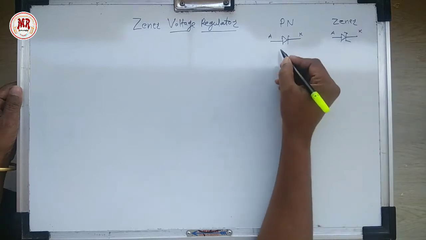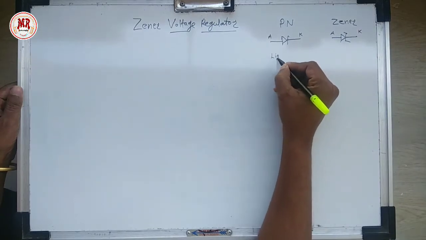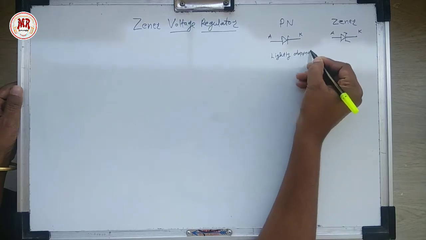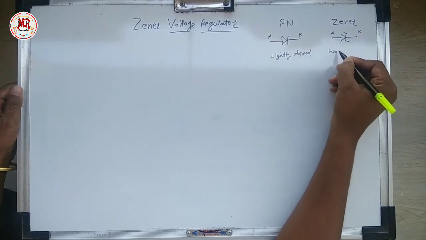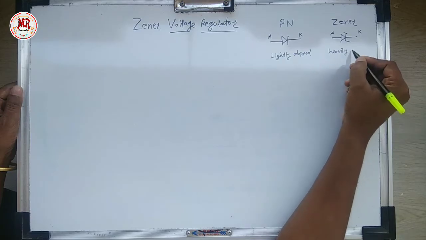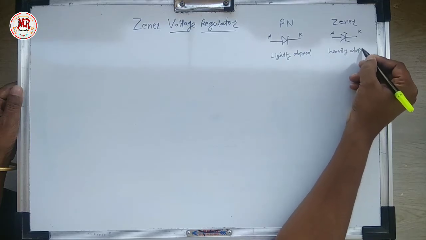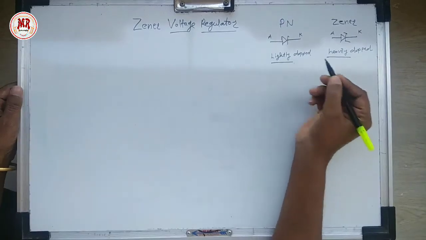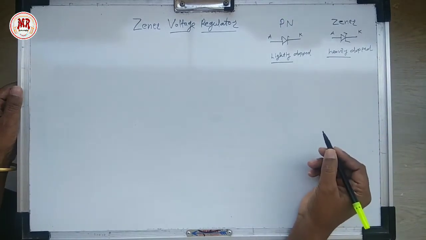It is different at the junction of the diode. Main difference between PN junction diode and Zener diode is doping level. That is, ordinary PN junction diode have light doping, whereas in case of Zener diode it is heavily doped to handle the sharp breakdown.